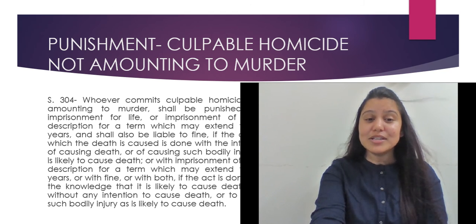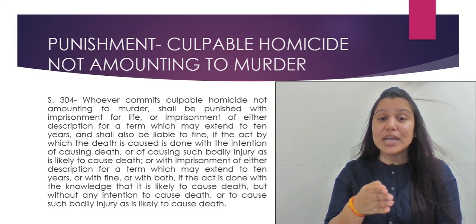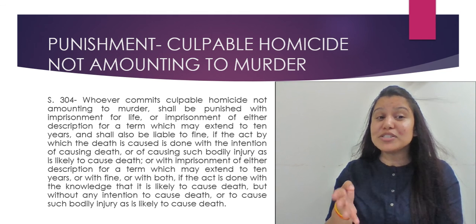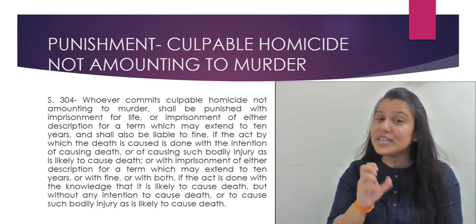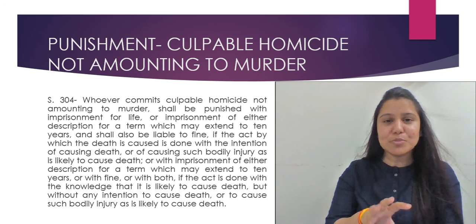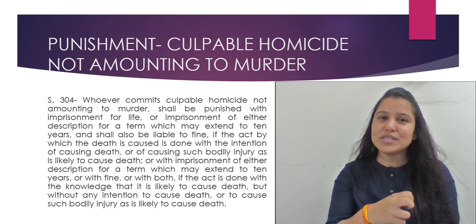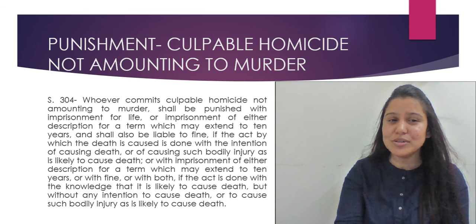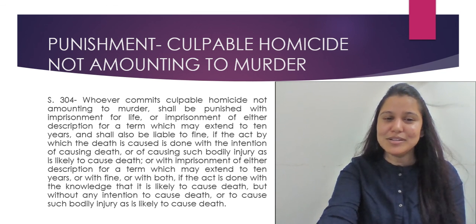For culpable homicide not amounting to murder, it can even be imprisonment of either description which may extend to 10 years, so a lesser punishment is there. For murder, the punishment is either capital punishment or imprisonment for life. Here, when the person has committed culpable homicide not amounting to murder, he will be punished under section 304 of the Indian Penal Code.